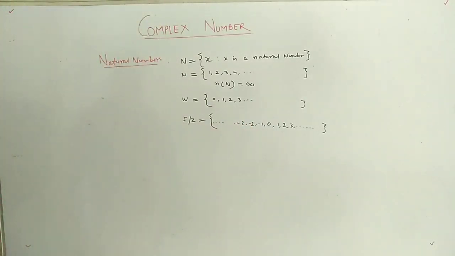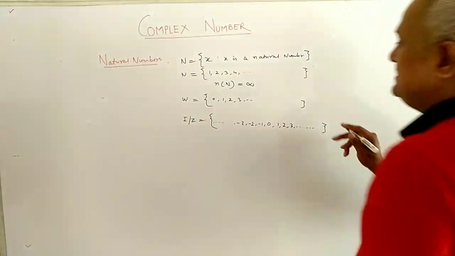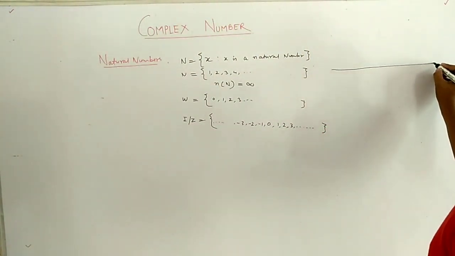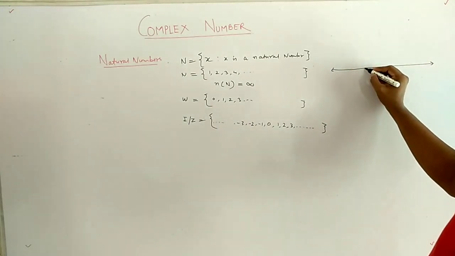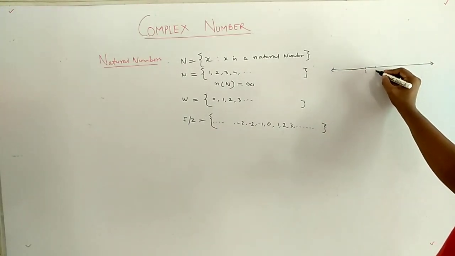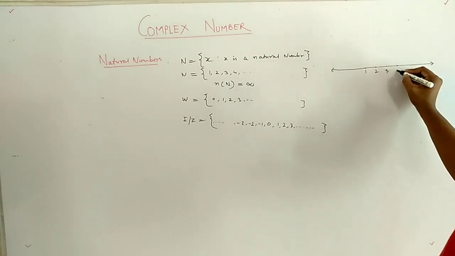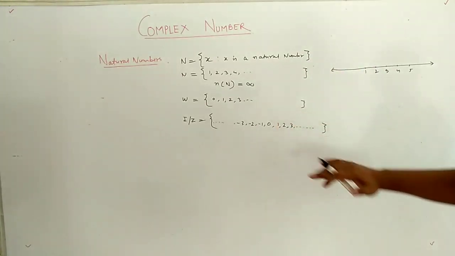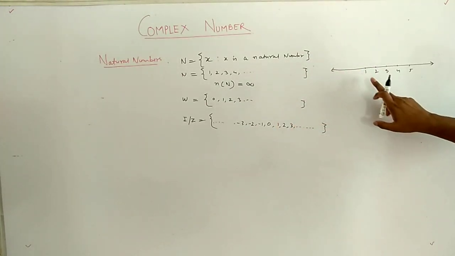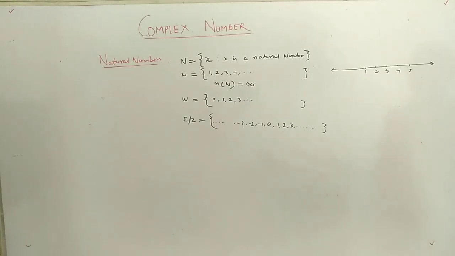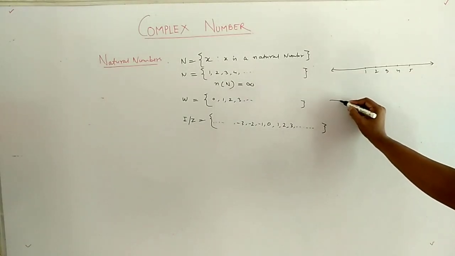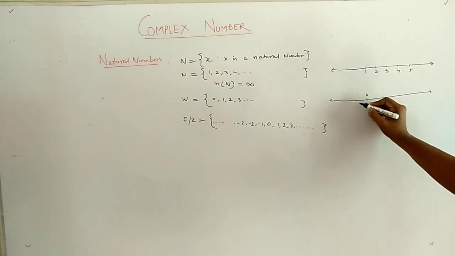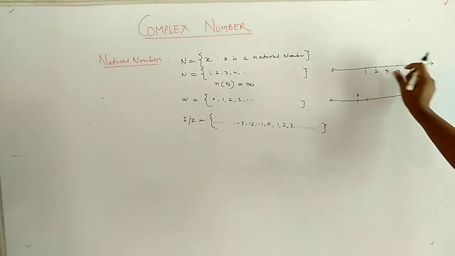They are also non-ending. Now if you want to express these numbers on the number line, then this is your number line. Then you have 1, 2, 3, 4, 5. These points are the numbers, and there is nothing on the left of this number 1, and there is nothing in between the numbers 1 and 2. The same thing is true for whole numbers also, but you have to start with 0.